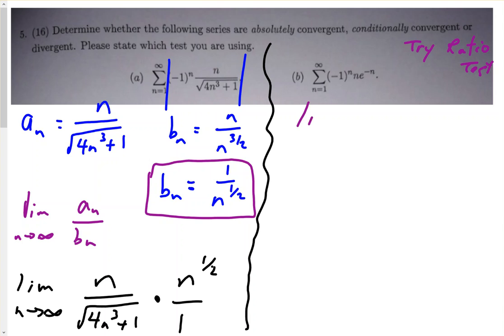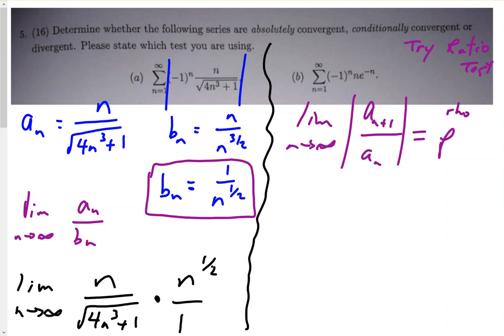We would take the limit as n approaches infinity of the absolute value of a_(n+1) over a_n, and this would give us rho. And so if rho turned out to be less than 1, it absolutely converges. If rho is greater than 1, it diverges, and if rho equals 1, it's inconclusive. Okay?